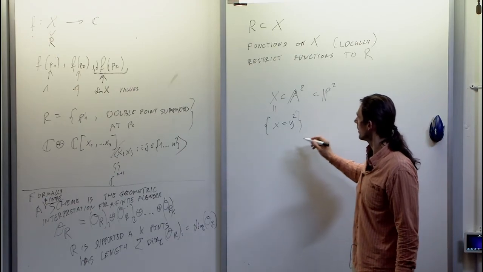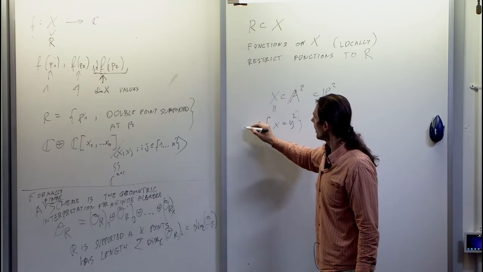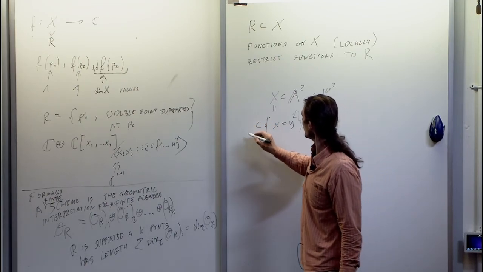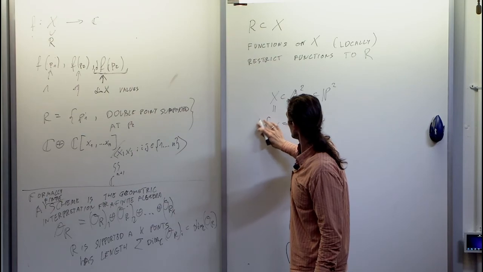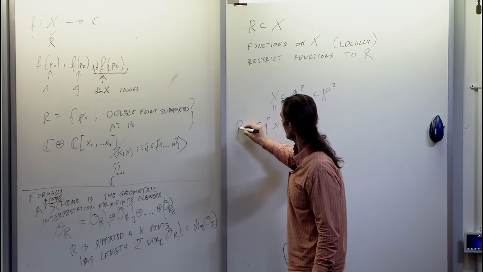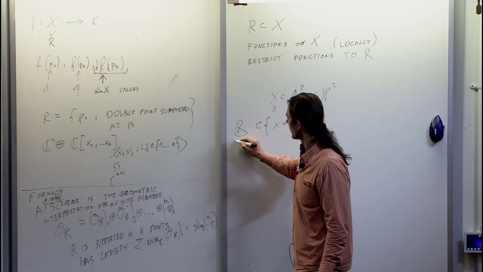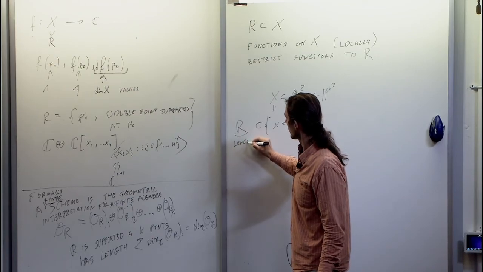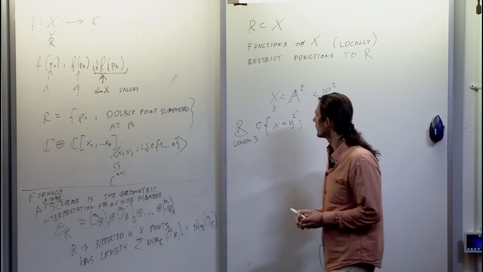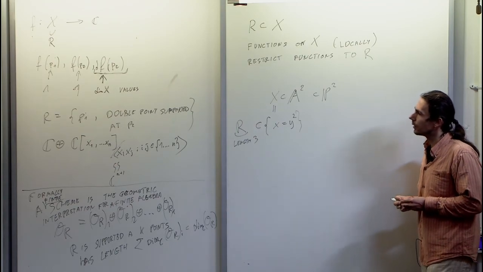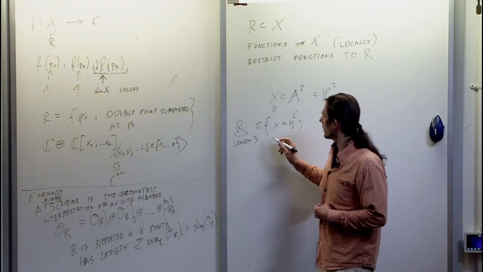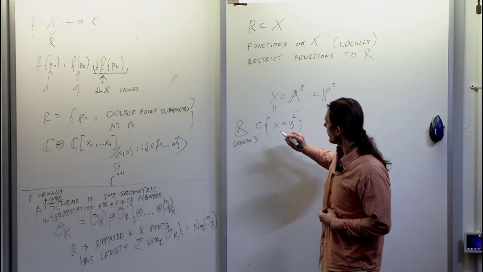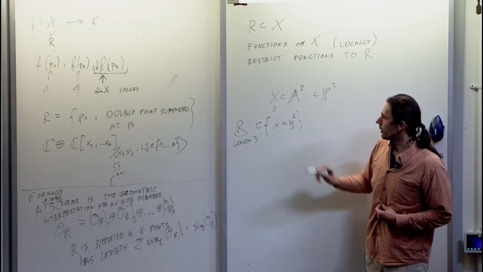And inside here, we can look at a subscheme of length 3. And we want it to be supported at (0, 0).